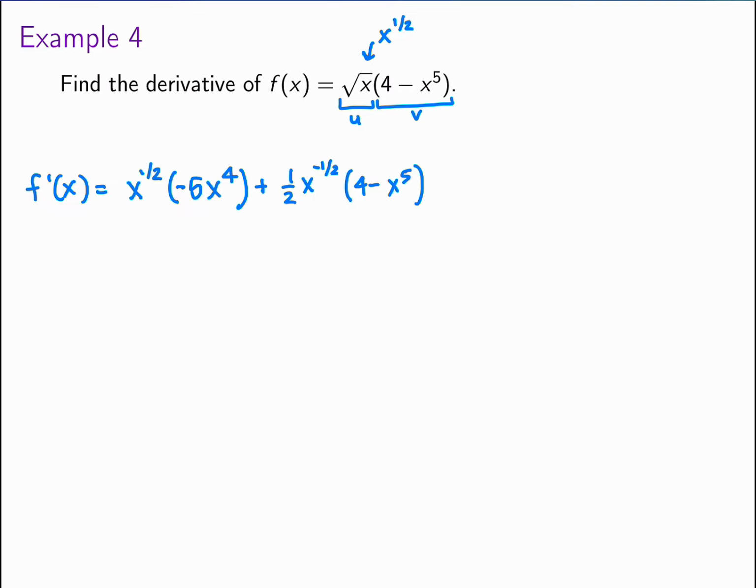We need to clean all this up. So let's do some algebra to make this look better. My constant is negative 5. X to the half times x to the 4th. We can think about a 4th as 8 halves if we want to, so that we can combine here. So this is negative 5x to the 9 halves plus, and now I need to distribute that 1/2 x to the negative half.